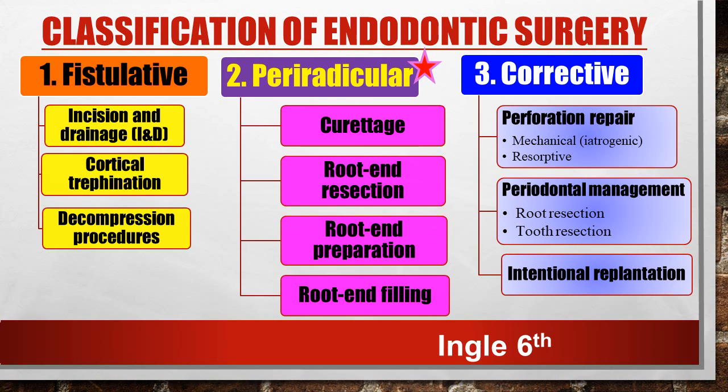Okay, so this is the classification of your endodontic surgery. We will be discussing each of them in the later slides. Here I'll just tell you about the different terms. You have incision and drainage. I'm sure you can see this in the Department of Oral Surgery also.